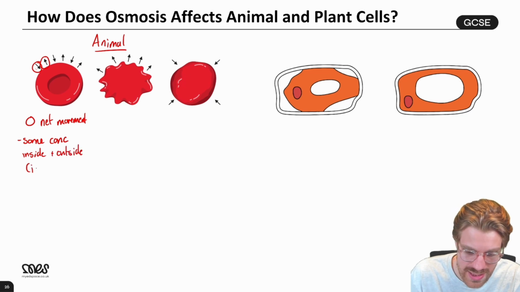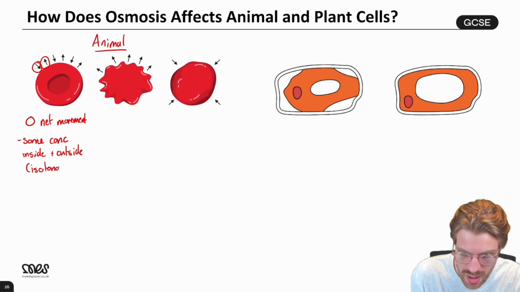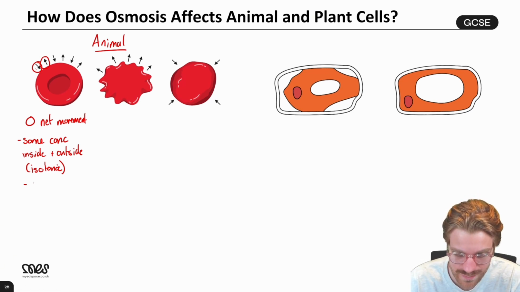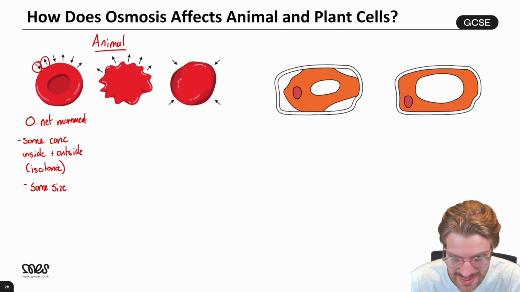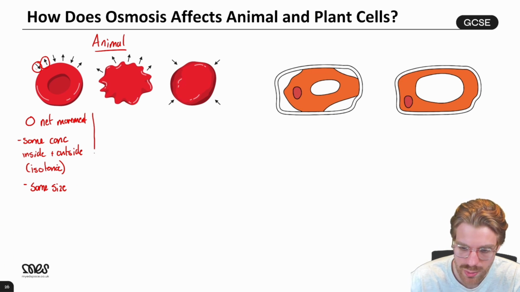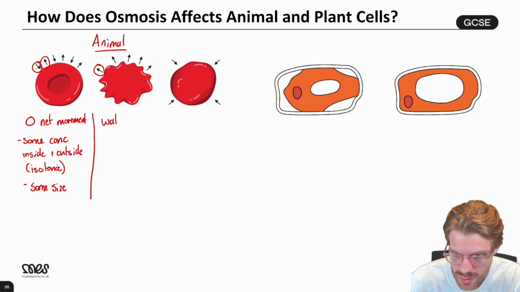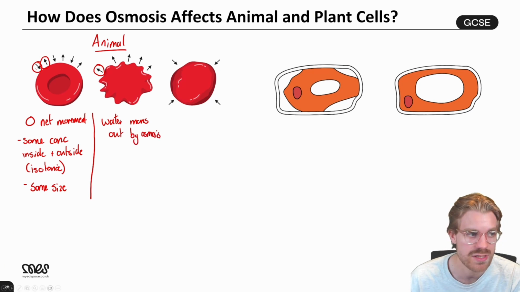We could refer to this as being isotonic, iso meaning the same. And if there's zero net movement, well, the cell stays the same size. It doesn't gain or lose any mass. Our next example here, we can see that water is moving out of the cell. So the water moves out, and as we say, by osmosis, making sure we say that every time.